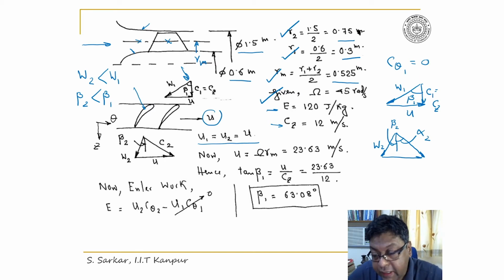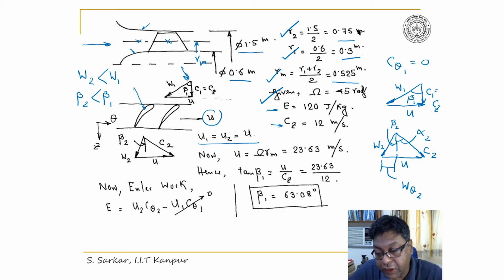Now this is U and this is C2. So W2 plus U is equal to C2. Now the component of W2 in the tangential direction would be equal to W theta 2.